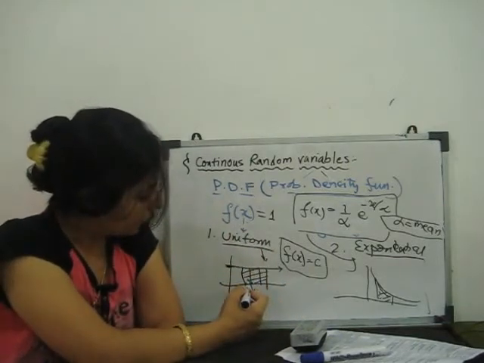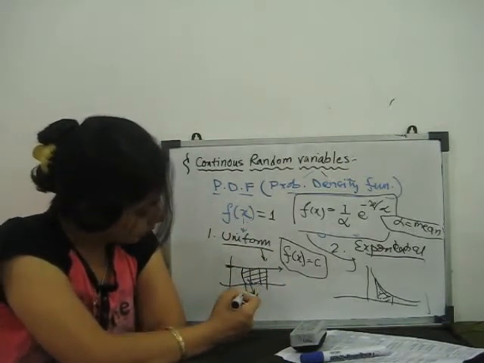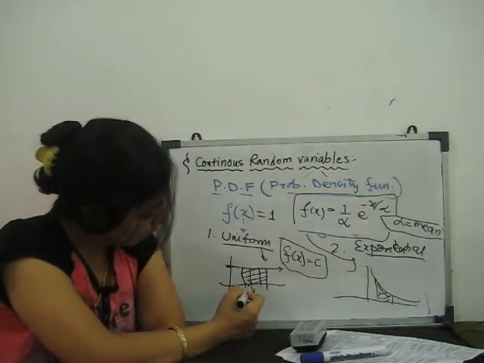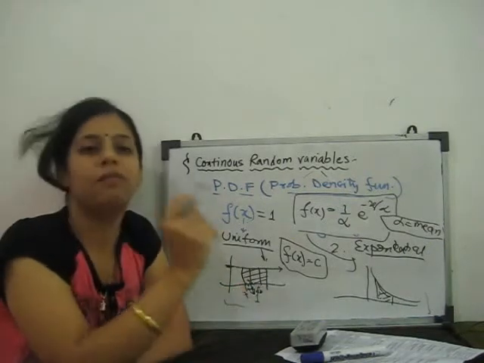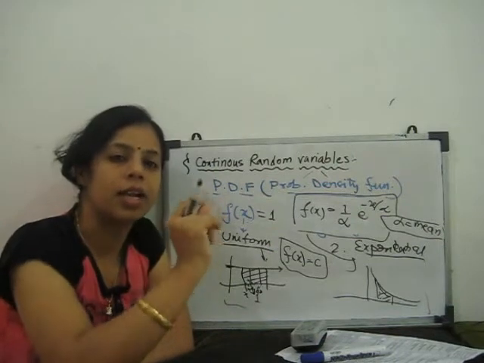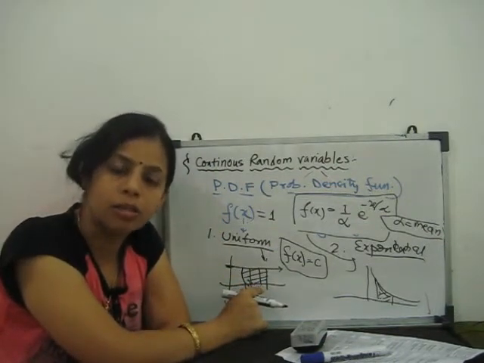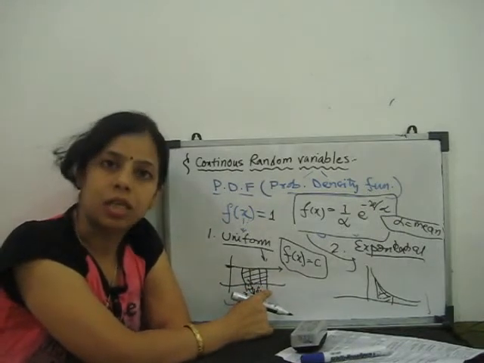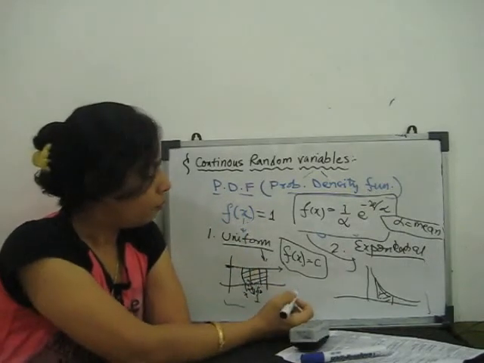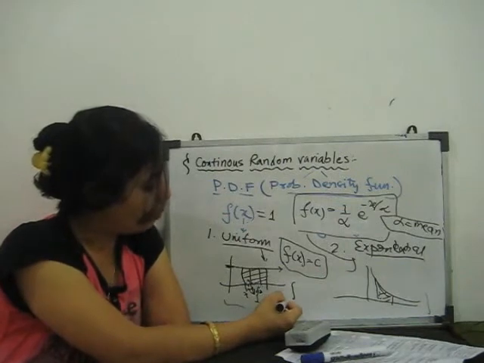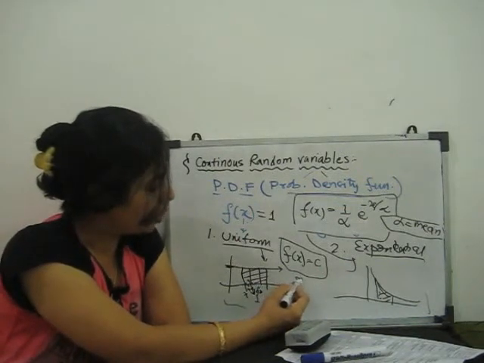If this is x, then this one is x plus delta x, a very small deviation delta x. Within that there are infinitely many points we can plot between this range, correct? So what is the value from minus infinity to plus infinity?